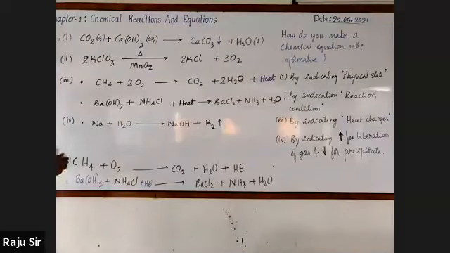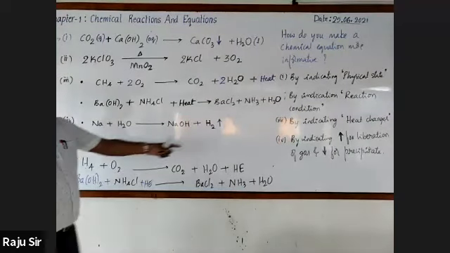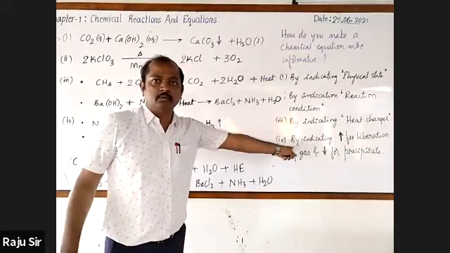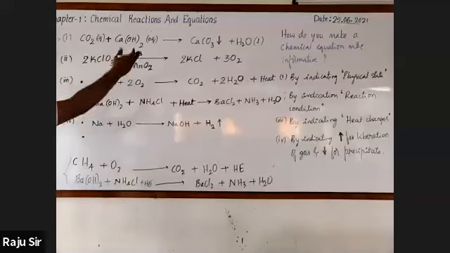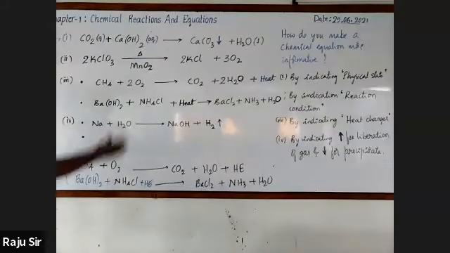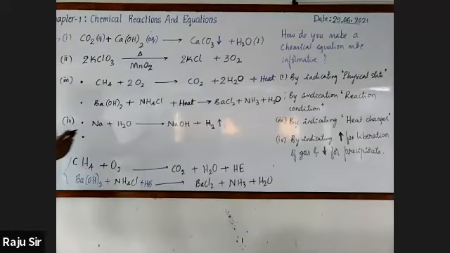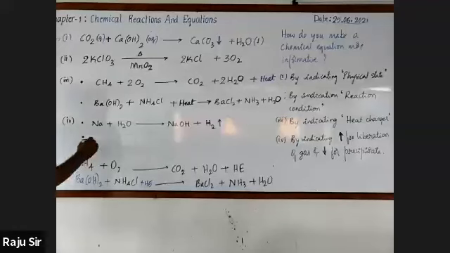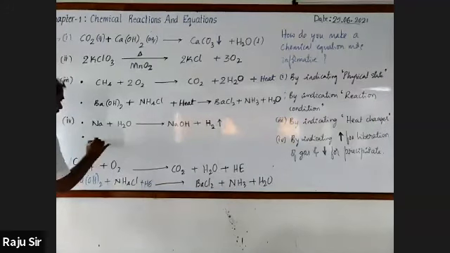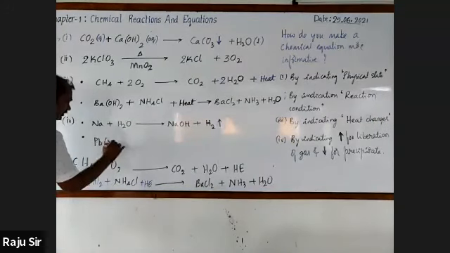Next, I'll take another example. We know that a downward arrow mark is used for the precipitate. Already we have given one example, you may take the same. Or else, one more is very familiar to us. Pb(NO3)2, name this compound.